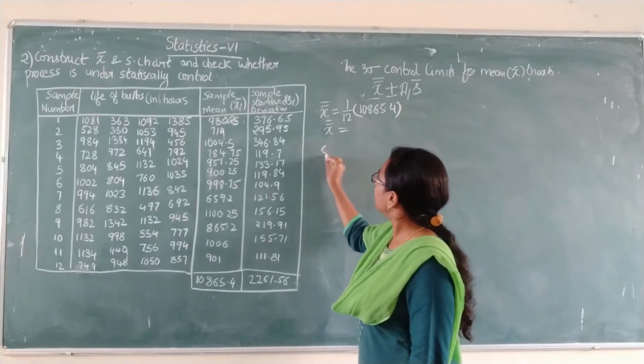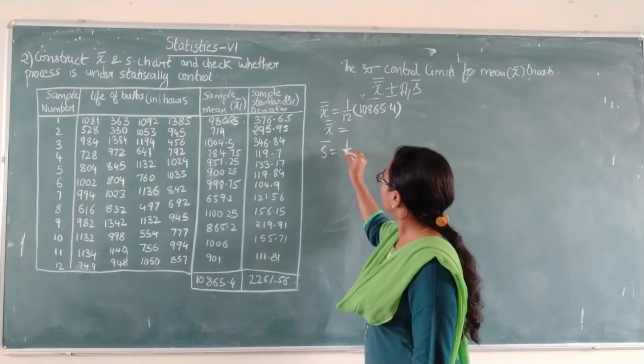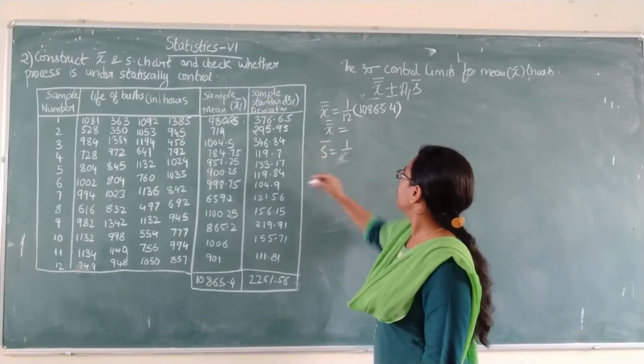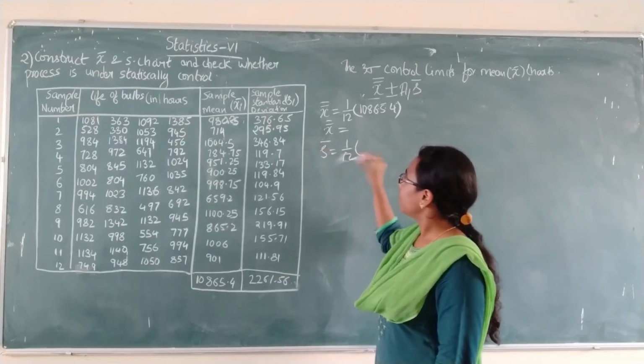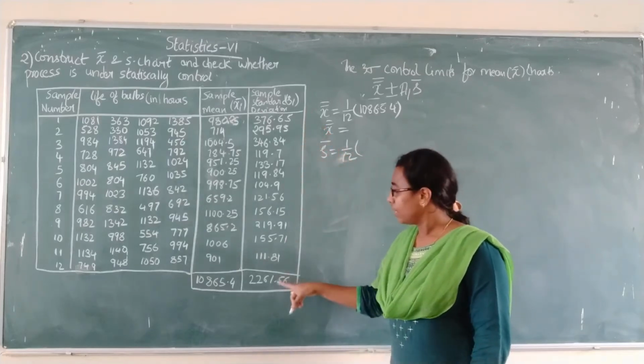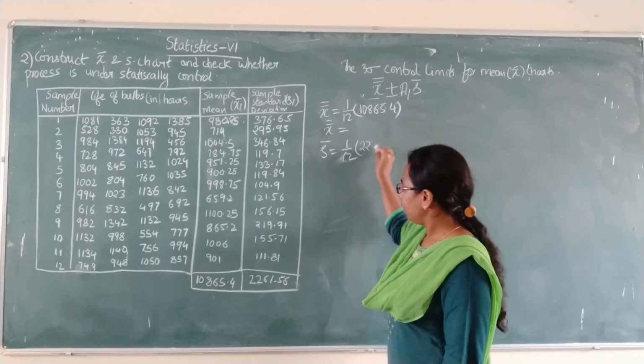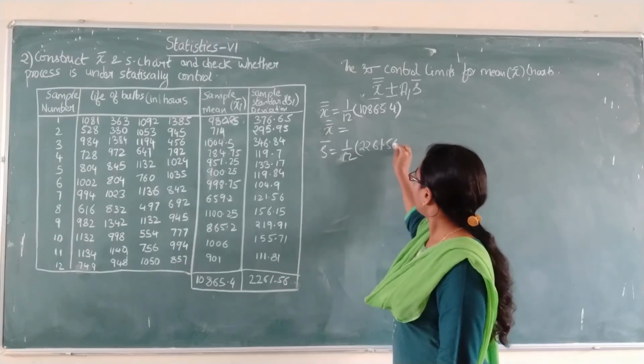Next you want s bar. So s bar equals 1 by k, that is 1 by 12 summation of si. What is the summation of si? 2261.56.